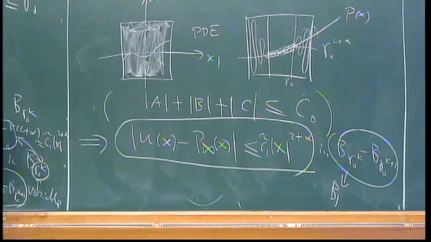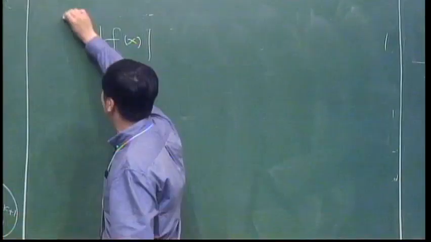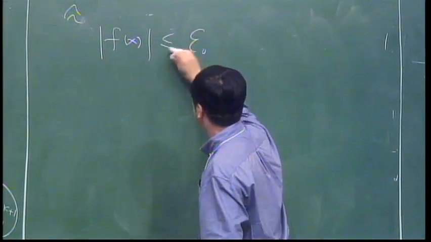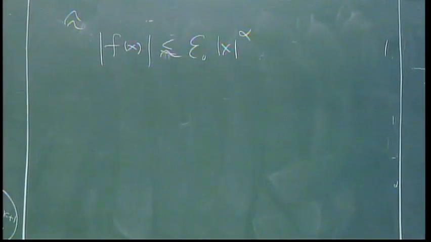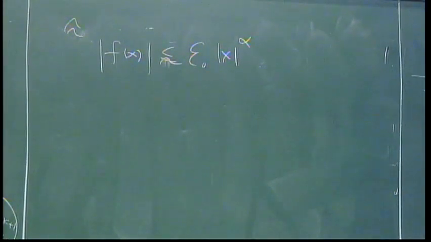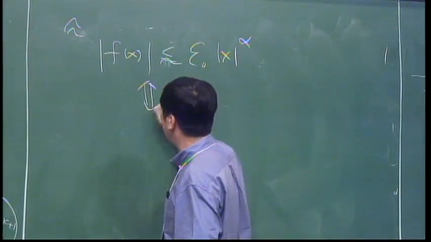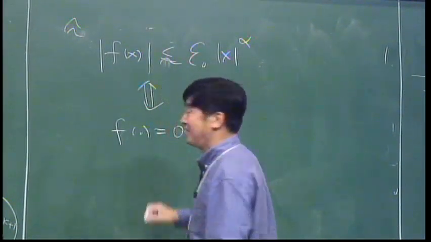So now I have to understand what that condition is. Using the same interchange of variable with r0 to the k, that condition is nothing but, it's very, very close to c0 x to the alpha. Really, they are literally the same. And what this says is equivalent to saying f0 has to be 0.